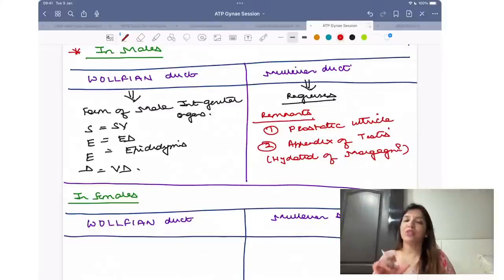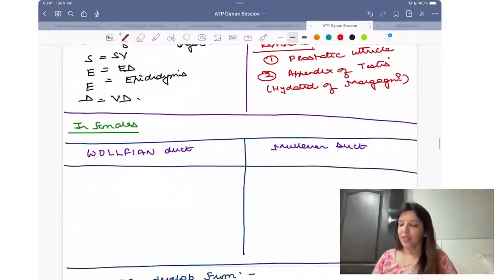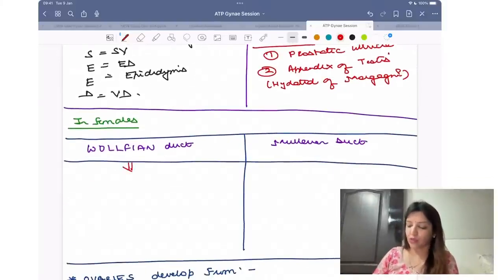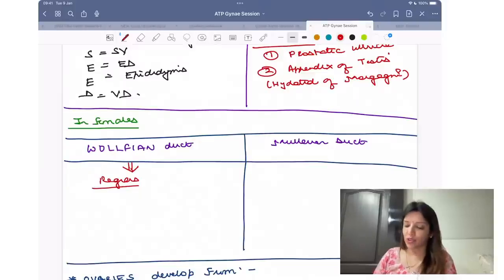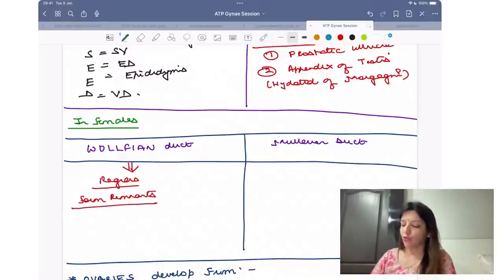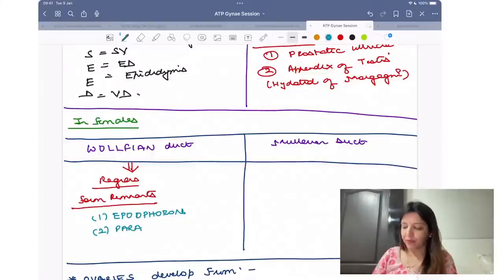In contrast, in females, it is the Wolffian duct which regresses, and it forms remnants. What remnants does it form? Epoophoron, paraoophoron and Gartner's duct.